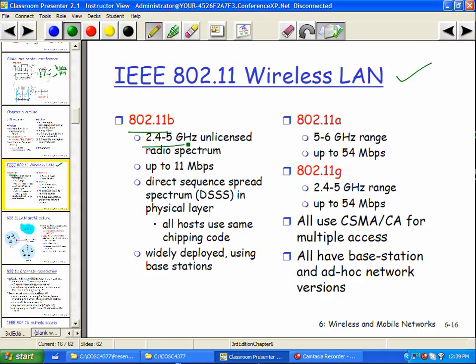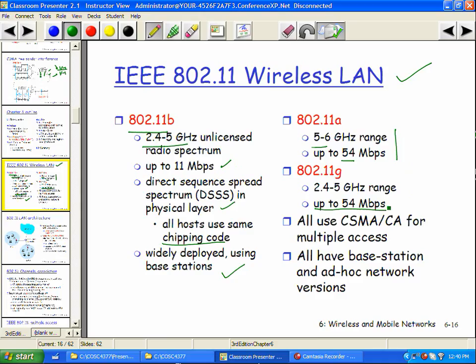It uses 2.4 to 5 gigahertz spectrum, 11 Mbps maximum, and uses something called DSSS spread. It's a variation of CDMA that we talked about. It's very common. Technology coming up, maybe already in operation, is 802.11a, which is 54 megabits per second and uses 5 to 6 gigahertz spectrum.